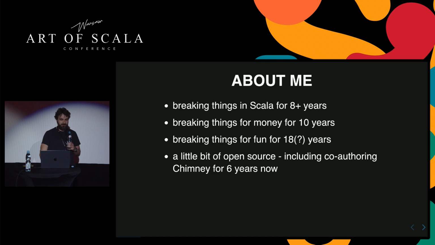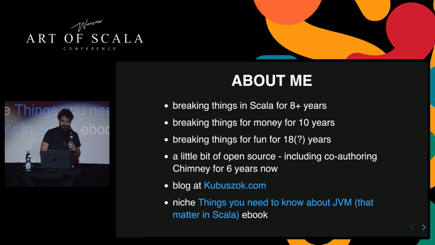You probably haven't heard about it. It's a very niche library, but it taught me quite a lot about macros. I will use this experience to show you a few things about the differences between Scala 2 and Scala 3. I also did a little bit of blogging and writing some ebooks.